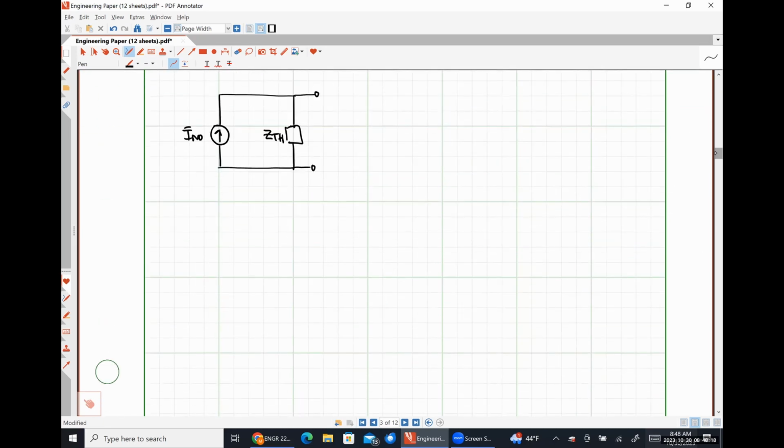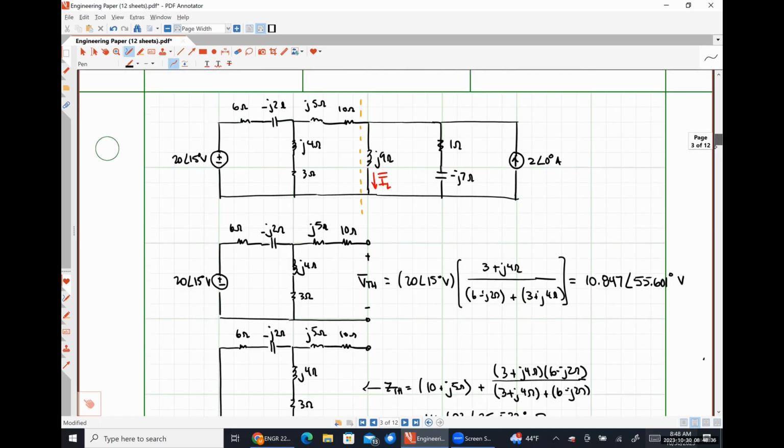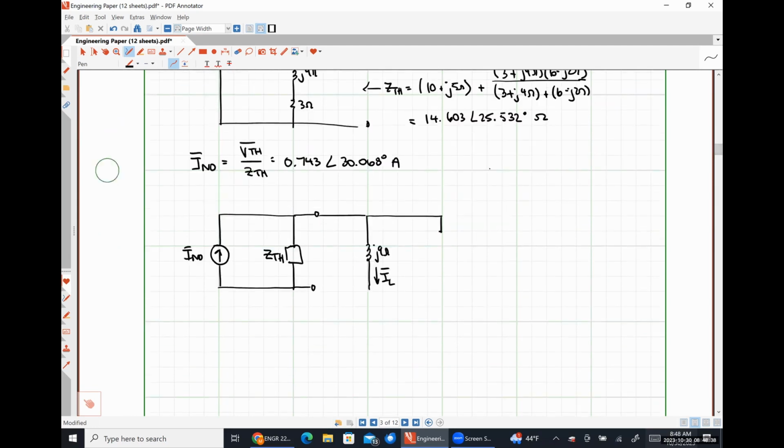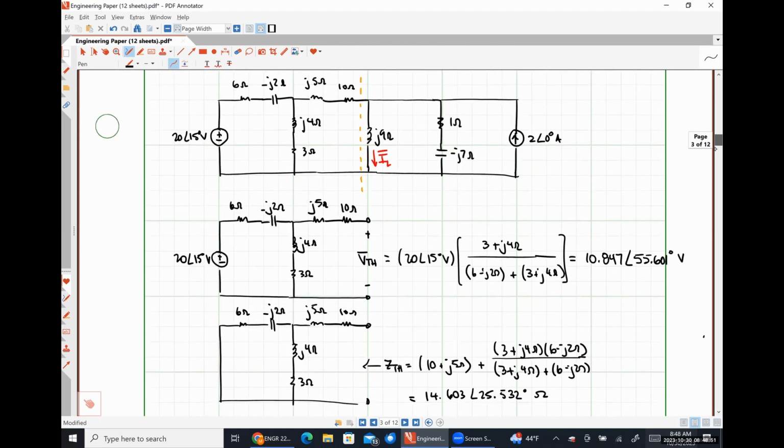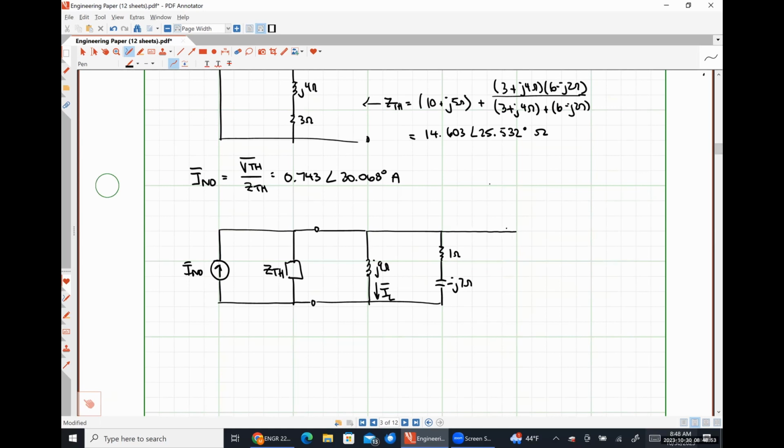So a j9 ohm inductor, through which I'm trying to find IL, if I'm not mistaken. 1 minus j7. And then 2 angle 0.